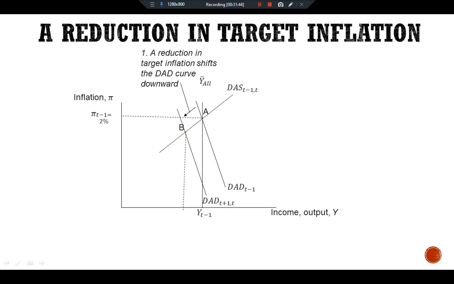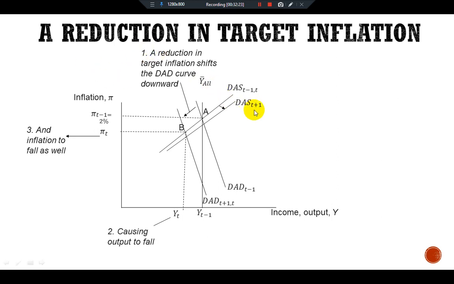This causes a reduction in output from yt minus 1 to yt, and this also causes a reduction in inflation from this point to this point. So we have a new inflation at t. Okay, this will further bring a subsequent shift in the dynamic aggregate supply curve, that is DAS t plus 1.